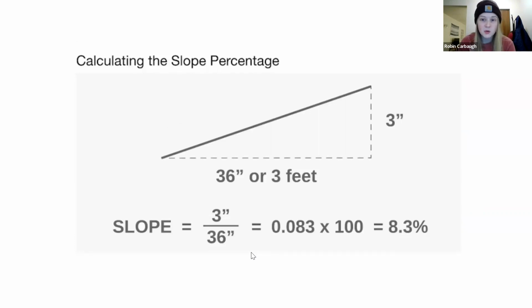And then we can find a slope percentage by dividing that out. So 3 divided by 36 would get the slope gradient in decimal form, and we can multiply by 100 to convert it to a percent, 8.3%. This would also work with 1 over 12. You get the same thing.